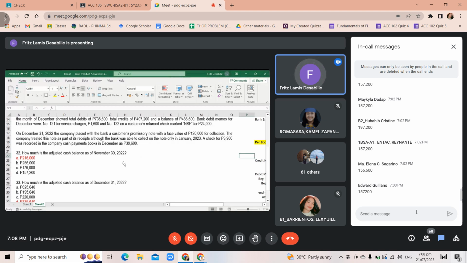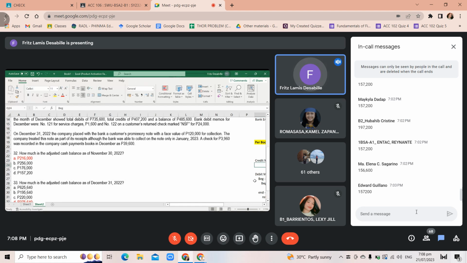Mo na siya tong gi-record 39,600 sa ato ang payment. However, ang actual lang niya nga payment is 3960. So how much would be adjusted, and would it be added to cash or would it be deducted to cash balance per books? What's the difference, or how much is the difference, and i-add ba nato ni siya or i-minus?